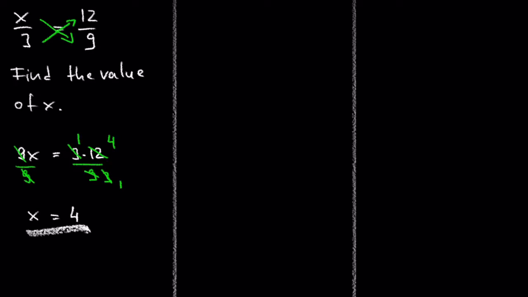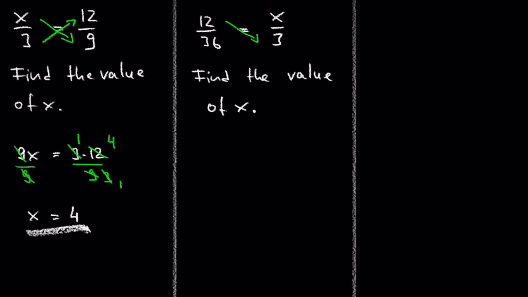Let's look at this example. 12 over 36 equals x over 3. Find the value of x. Again, we can solve this easily with cross multiplication. 12 times 3 equals 36 times x.